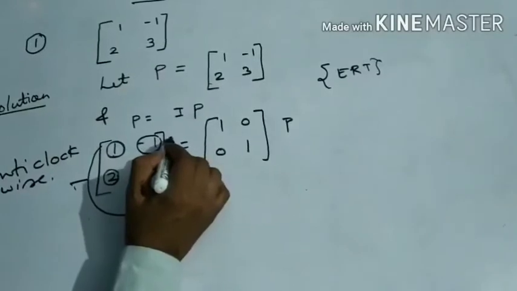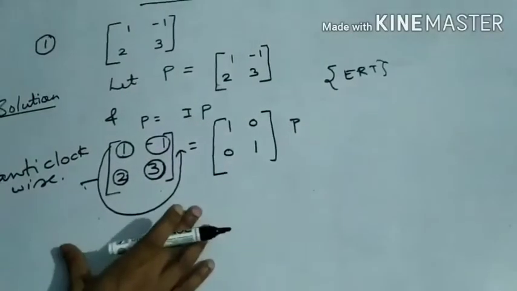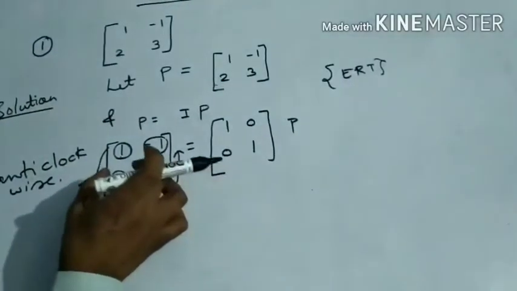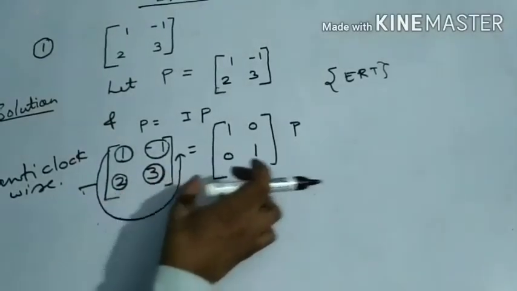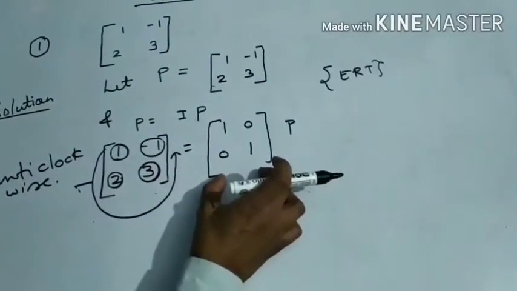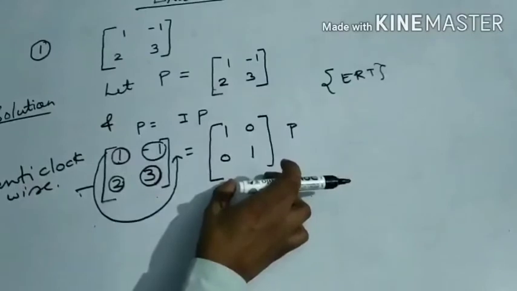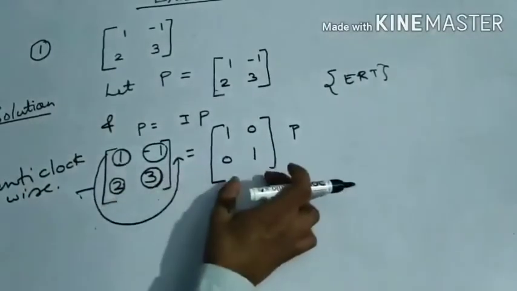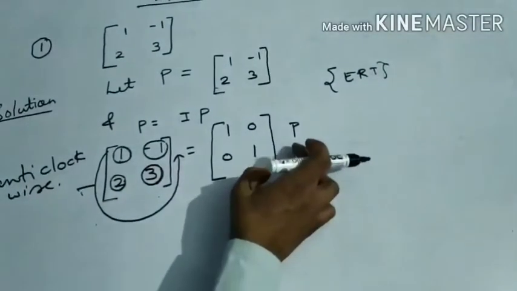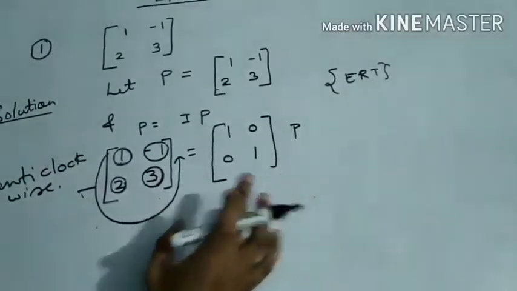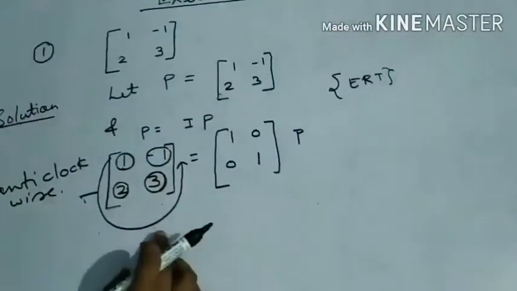In this way it becomes the identity matrix, and the same operations we apply on the other side. When this becomes the identity matrix, the matrix we get is the inverse of matrix P. So let us start to see how we can solve it.